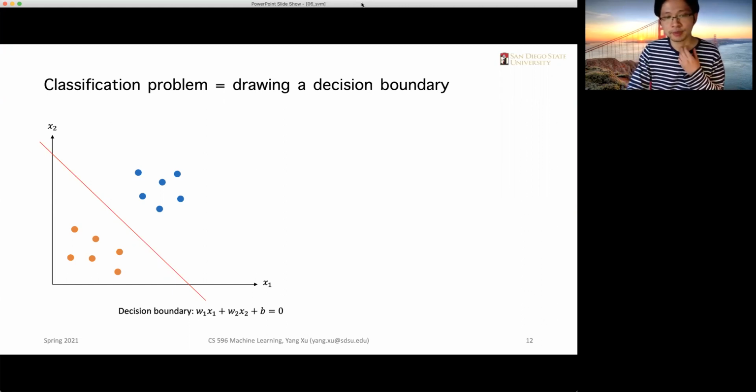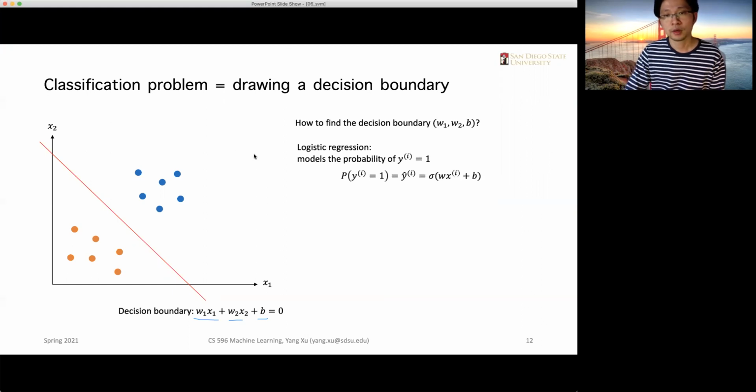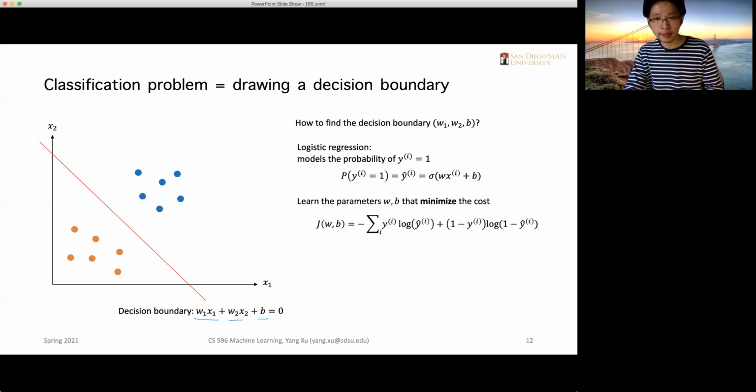So the decision boundary here can be a linear line, and the linear decision boundary is determined by those coefficients W1, W2, and B. So how do we find the decision boundary? Actually, when we train a logistic regression model, for example, we are actually drawing a decision boundary, right?